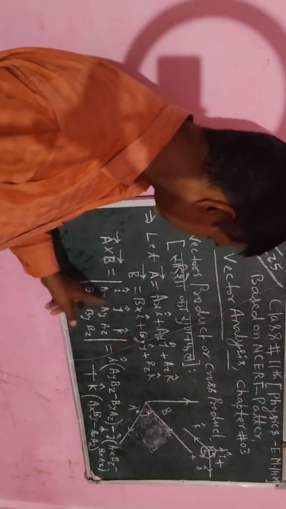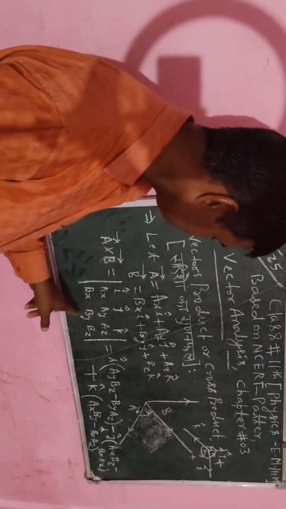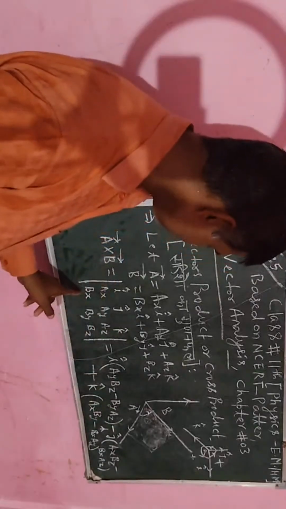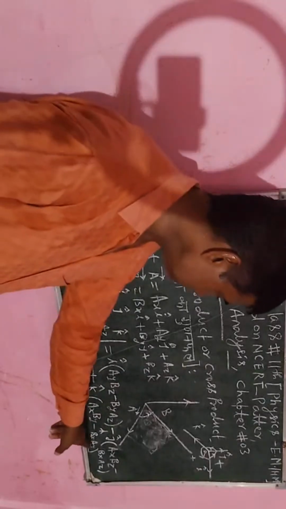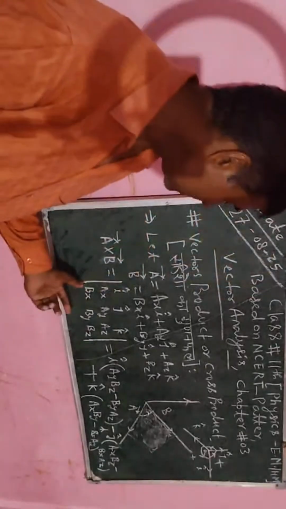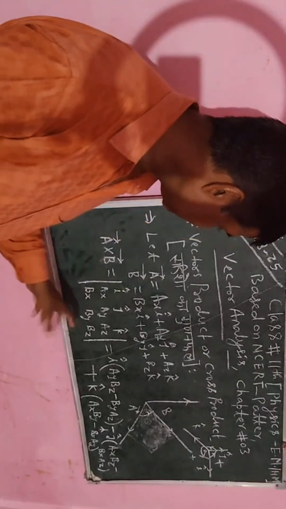I will get this value ax bx ay by. So I will multiply ax into by. So here I have written ax into by minus bx into ay. So this is the concept of expansion of this modulus sign. So we have to get the cross product of a and b with this formula.